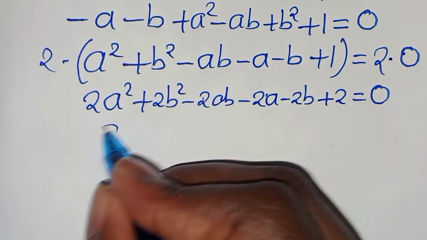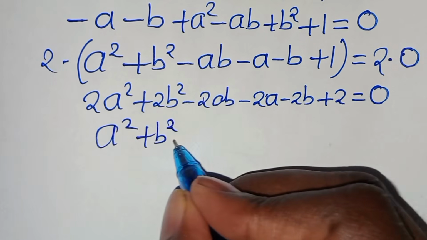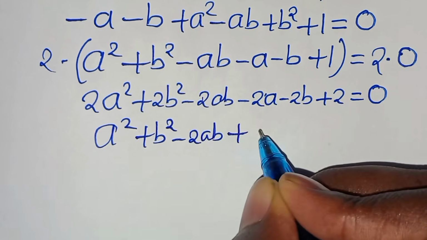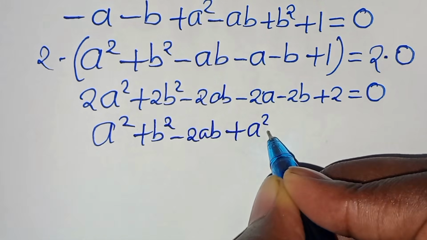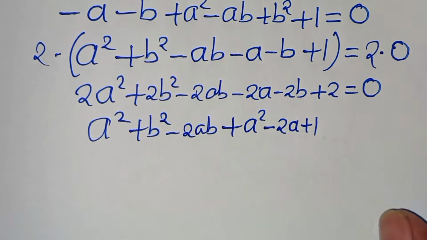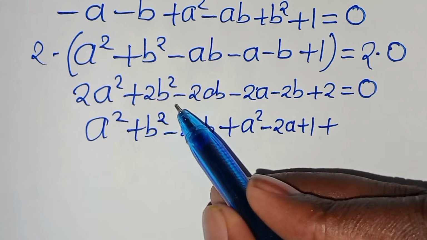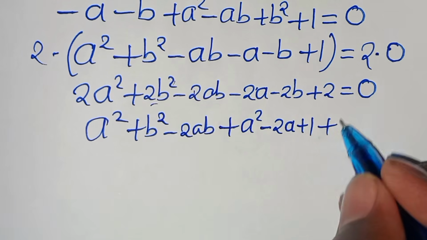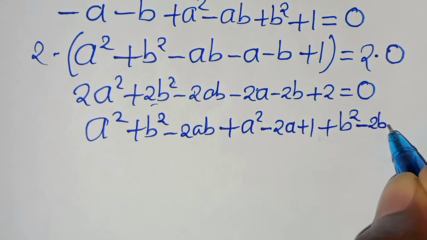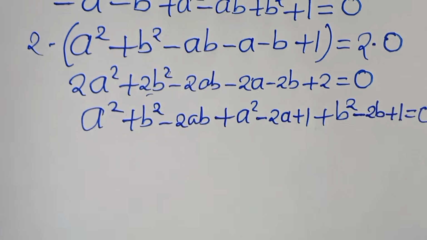So we have a squared plus b squared minus 2ab, then plus a to the power of 2, then minus 2a, then plus 1. Then now here we have plus b squared. We have 2b squared here, so this is b squared minus 2b, then plus 1. This is equal to 0.